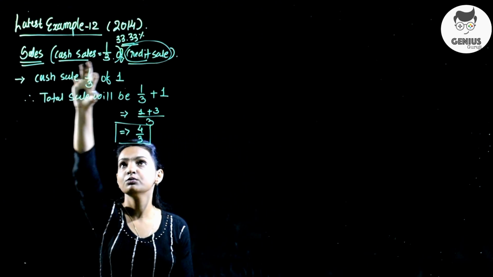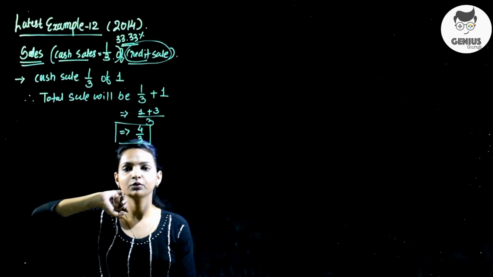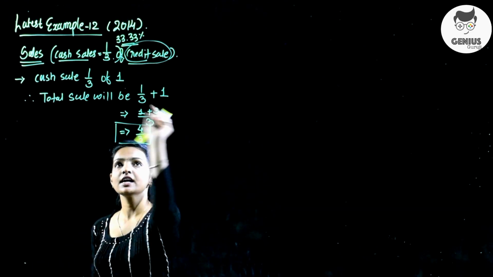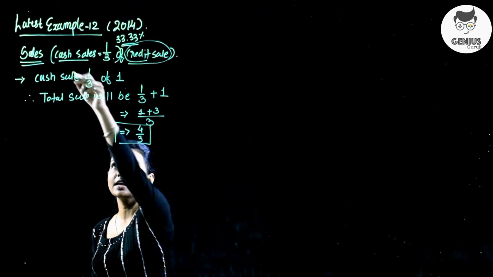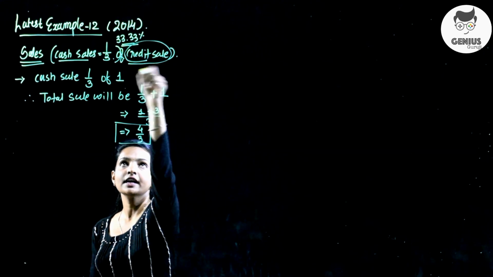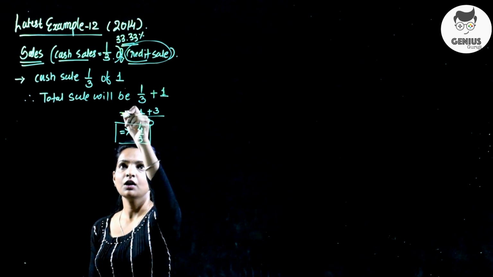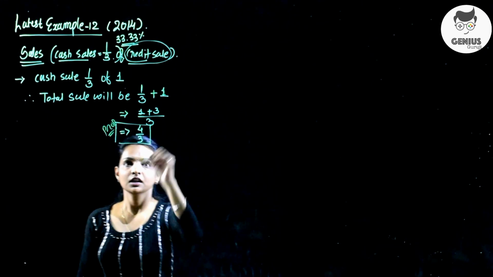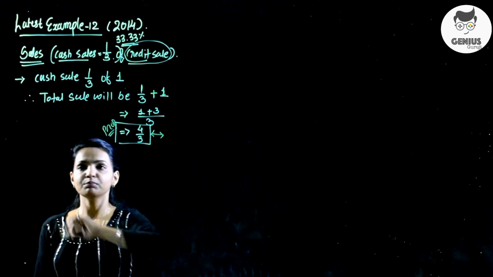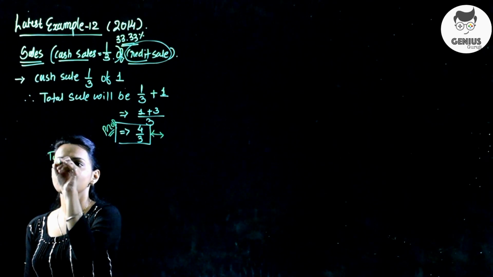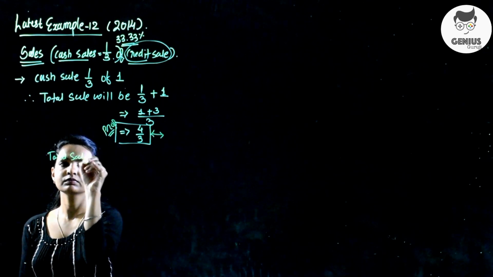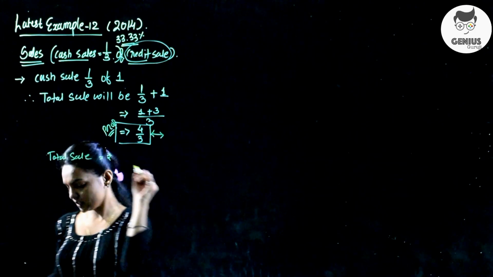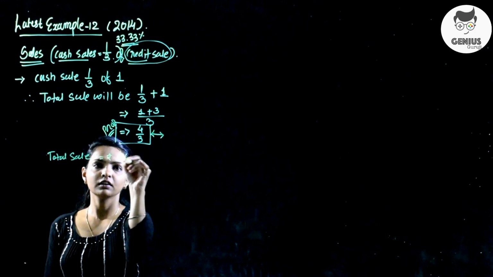So I have assumed my credit sale is 1 rupee. So my total sale will be 1/3 as cash sale plus credit sale 1. Now I will get that proportion, but from this proportion I can find my total sale is rupees 40 lakh.